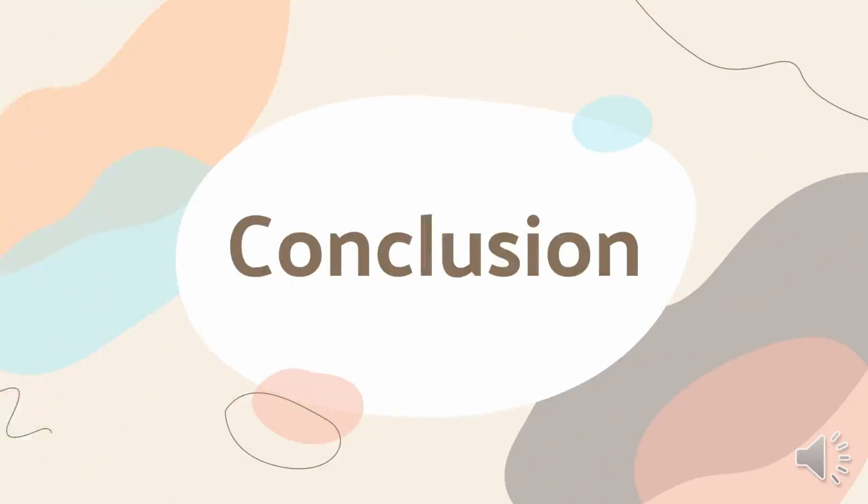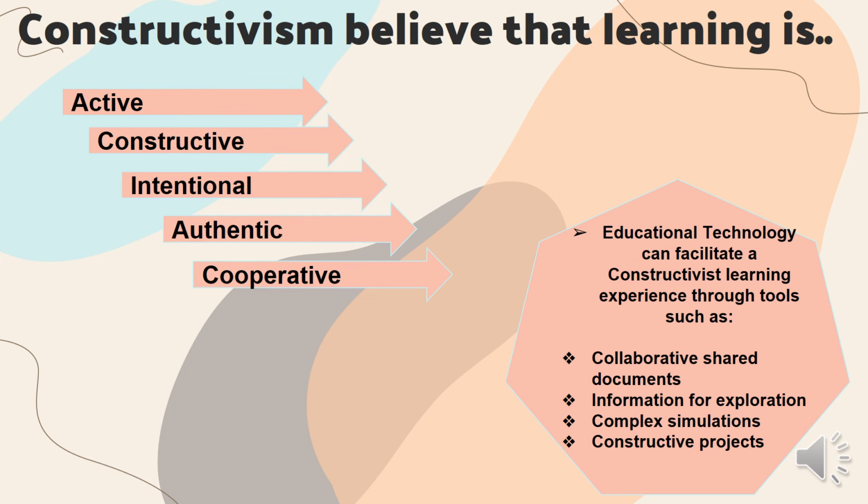In conclusion, constructivism believes that learning is active. Learners integrate new experience with prior knowledge to construct meaning. They also believe that learning is constructive, where learners articulate learning goals and reflect on progress towards these goals.